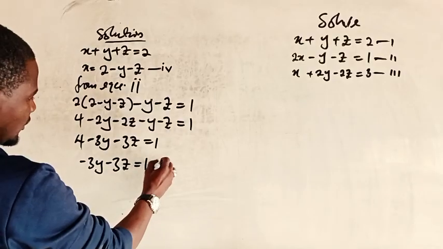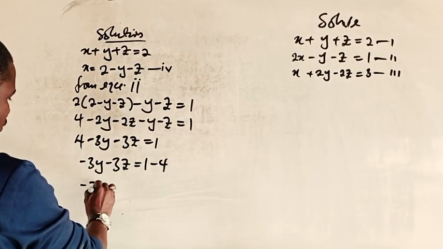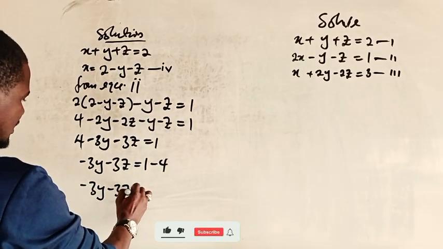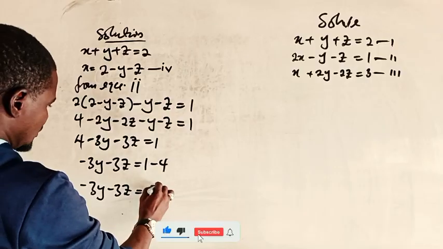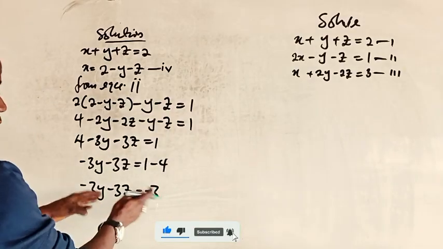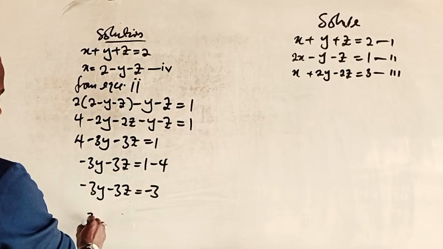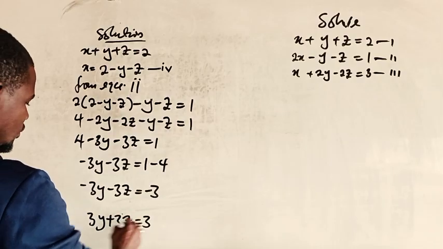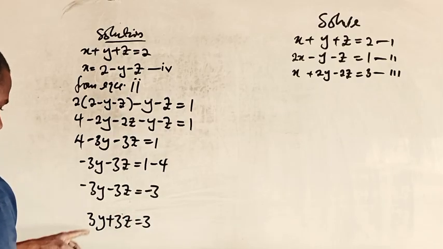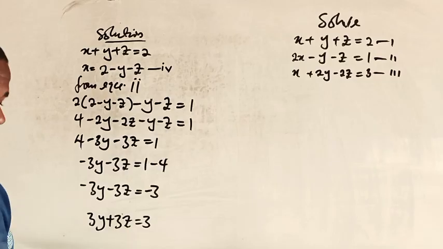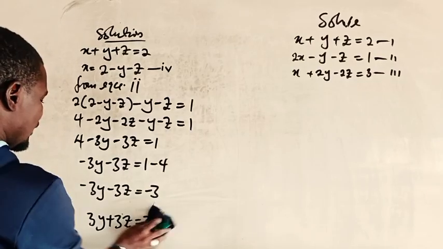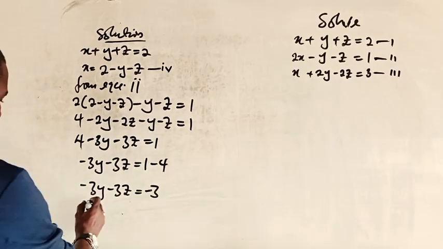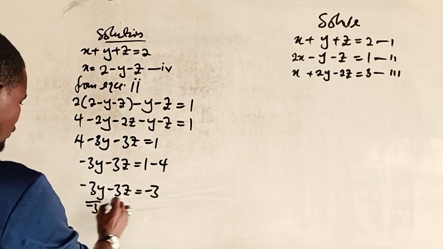Now we have minus 3y minus 3z equals to 1. 4 go there, became minus 4. We now have minus 3y minus 3z equals to minus 3. In fact, 3 is common to everywhere. It's going to be minus 3 both sides.